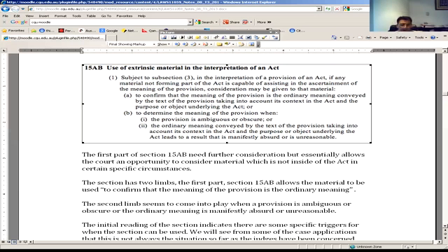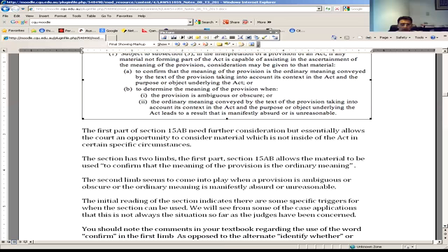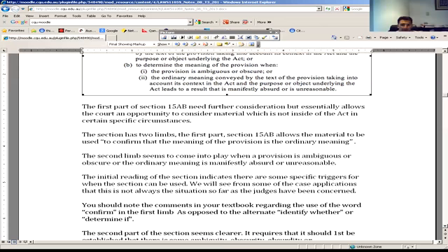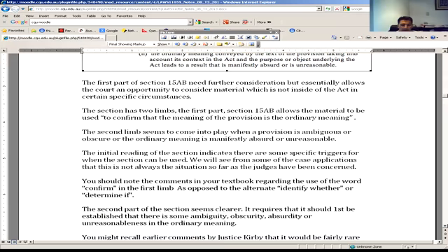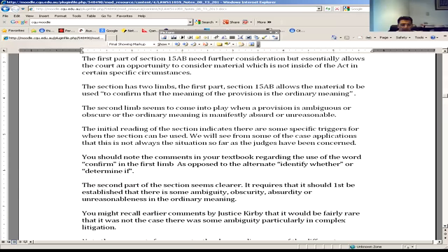Secondly, if you can't work out what the section means on its ordinary meaning, because there's some uncertainty, some ambiguity, some obscurity, something unusual that comes out of the ordinary meaning, something unreasonable, then you need to look extrinsically, or you need to identify and determine what that meaning is. And to do that, you obviously have to go to some other place extrinsic to the Act.